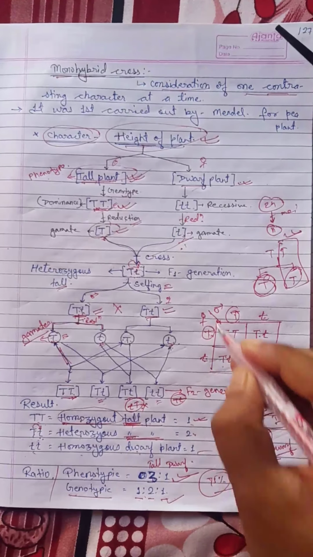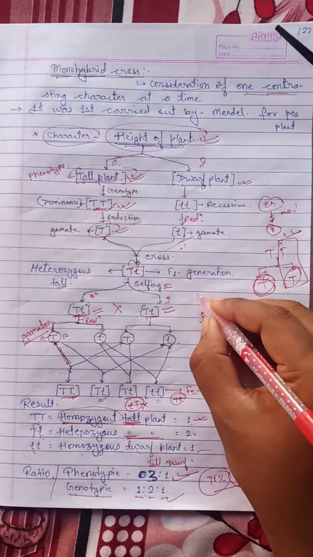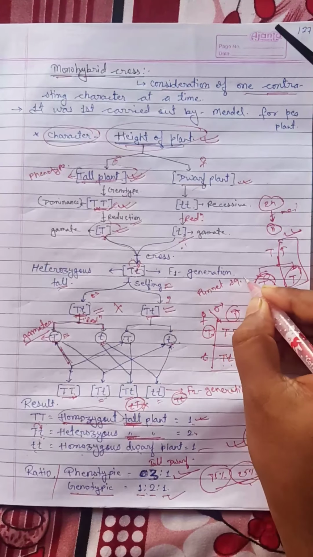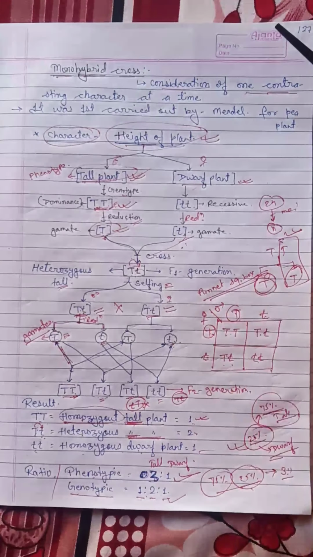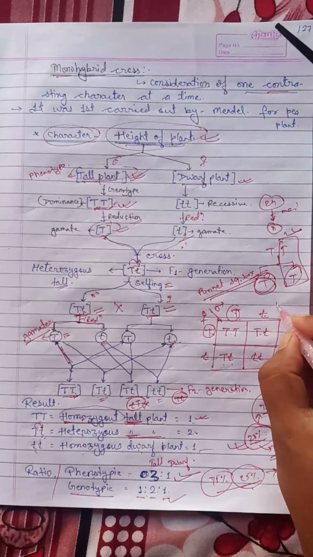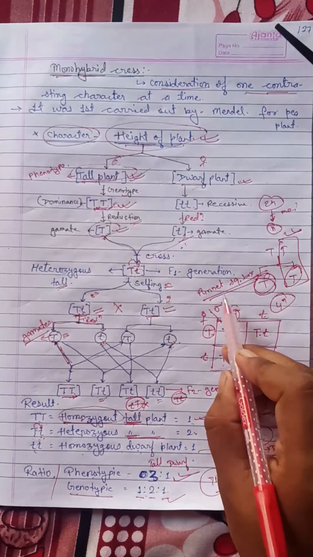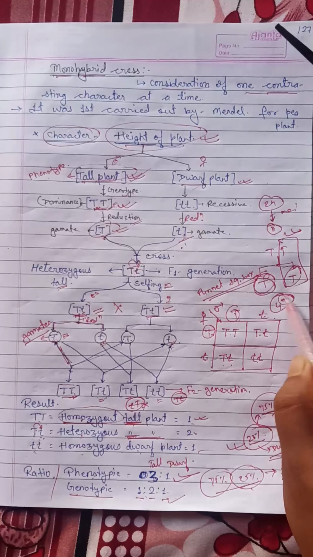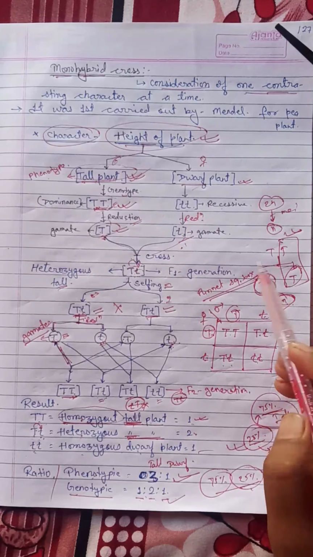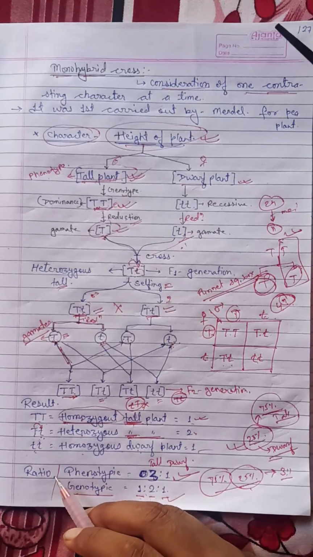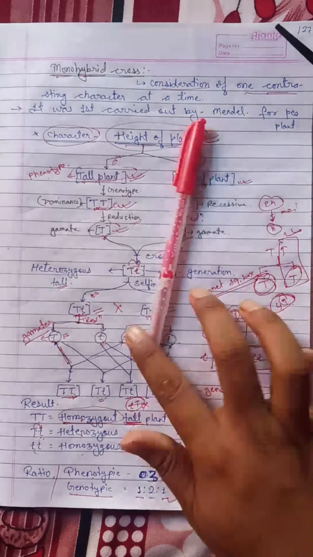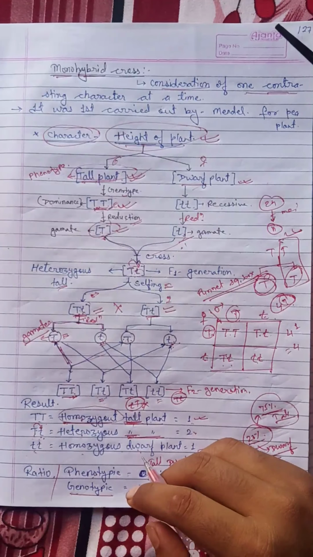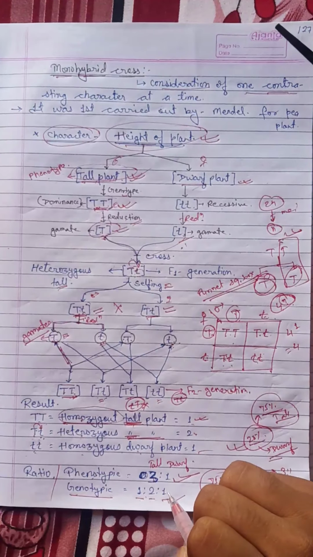The formula for the number of boxes in a Punnett square is 4 to the power n, where n is the number of hybrid crosses. Here, 4 to the power 1 is 4, so the number of boxes will be 4.